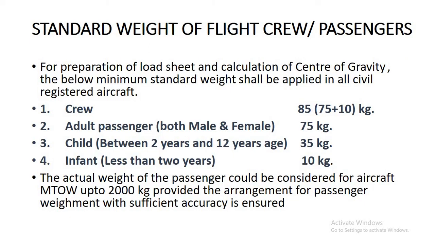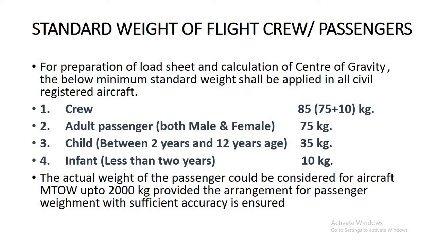Now, the most important thing, which is mostly used in exams. There is a standard weight that we assign for crew, passengers, children and infants. So what is that weight? Let's see. For the purpose of a weight schedule, these are the standard weights. For crew, it's 85 kg.